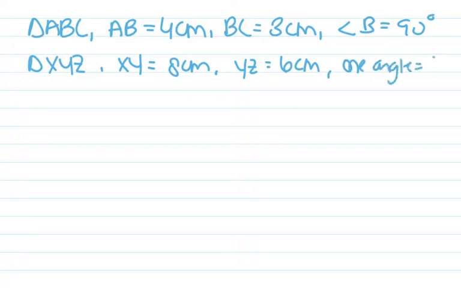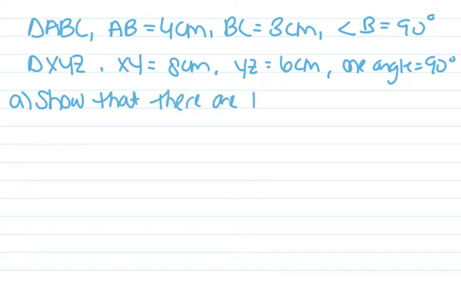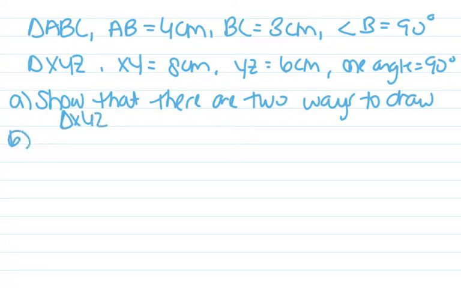We don't know which one. Then we need to do two things. A, show that there are two ways to draw triangle XYZ. And B, explain why one of these triangles is similar to ABC.